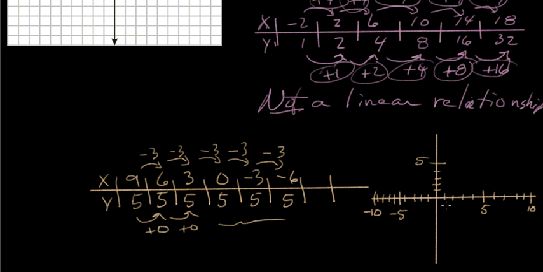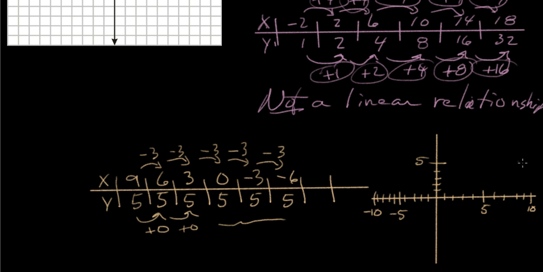A little sloppy, but you get the idea. 9 and 5 are right here. Go up to 9 and 5. There's 9, 5, okay? I'm sorry, let's make that a little bit better than that. Okay, erase that and go back to our pencil.